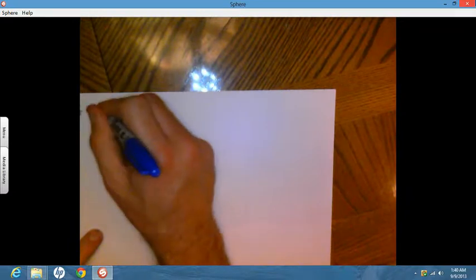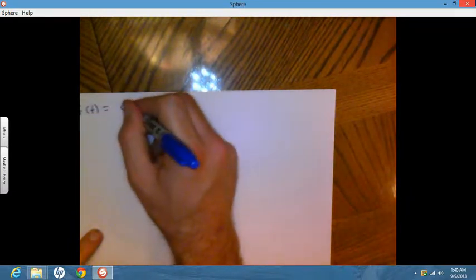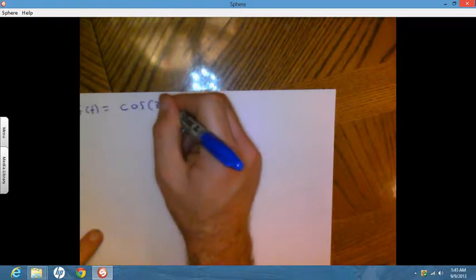Now for the cosine of 3t, we're going to divide by b, as you're going to see. So we're going to start out as normal. I'll just do my quadrantals.